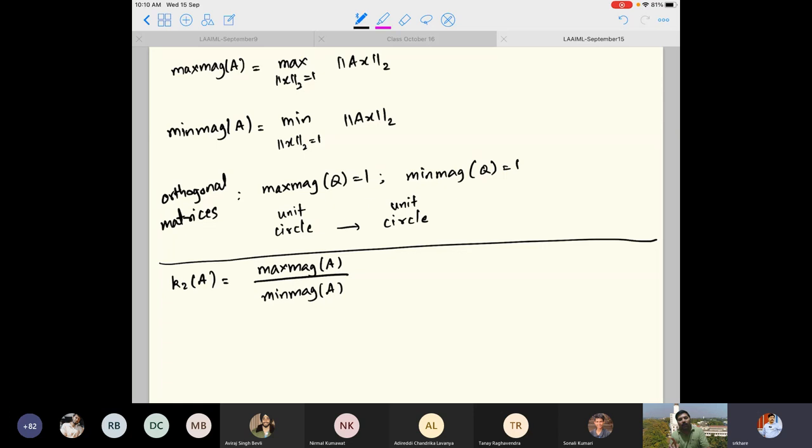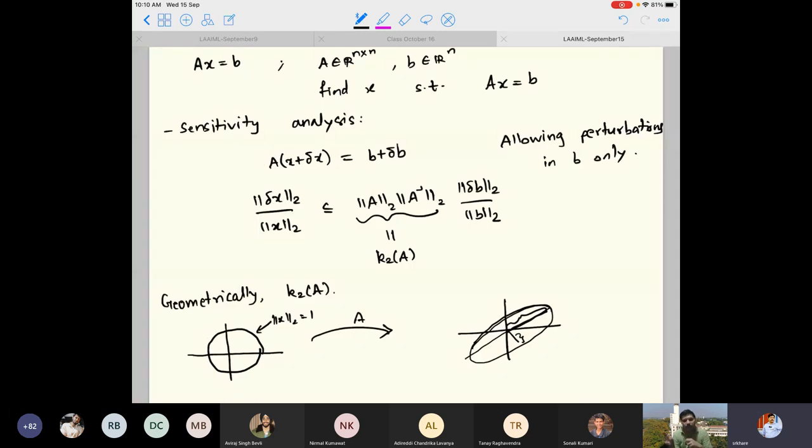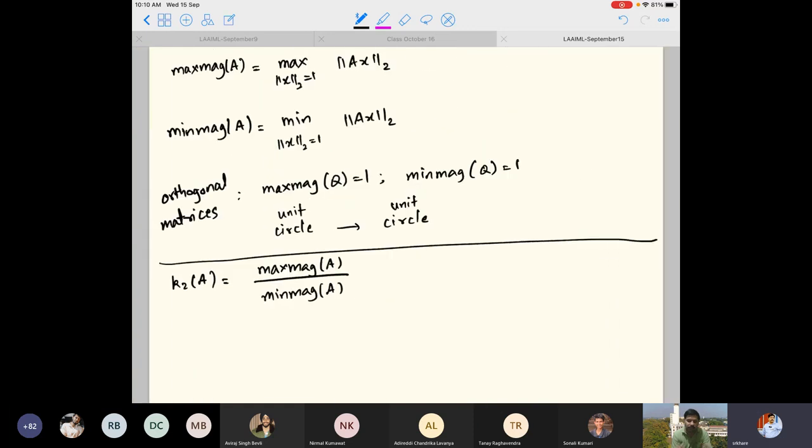So what you are really looking at is that when you act A on the unit circle, how much the shape of the circle changes. So in this particular case, when a circle goes to a circle, the maximum to minimum magnification ratio is 1, right? There is no major or minor axis, there is only the diameter of the circle, and you will get this equal to 1. So the best possible value of the condition number is 1. We understand through this ratio also that the best possible value for condition number is 1.